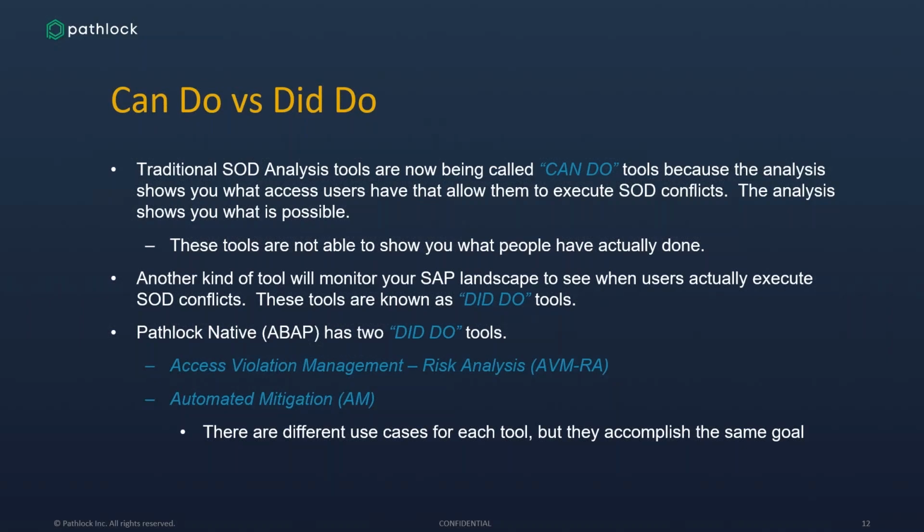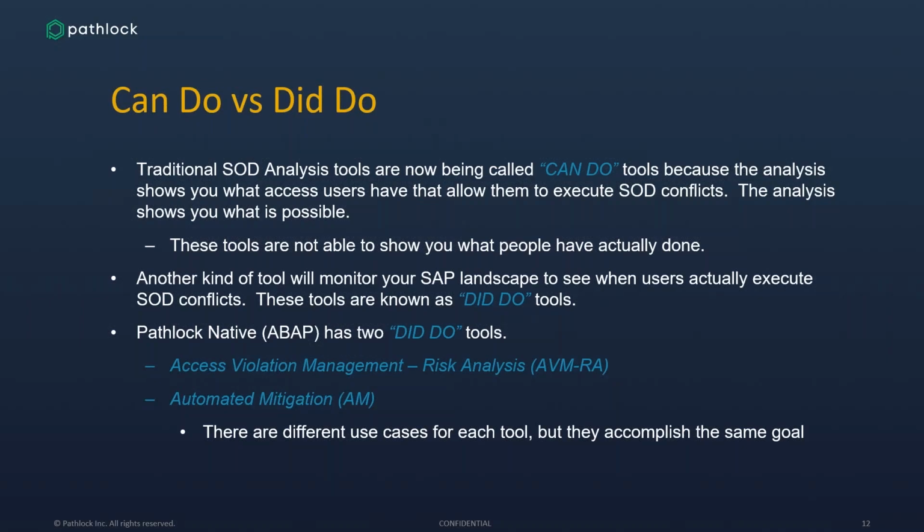Again, it would be great if you could never do it, if you said we're never going to give out SOD violations. But again, unless you're in a highly regulated industry, you're going to. So what we've done is Pathlock native ABAP actually has two tools, automated mitigation and access violation management risk analysis, or AVMRA. Both of those tools have different use cases, but they're still accomplishing the same thing.